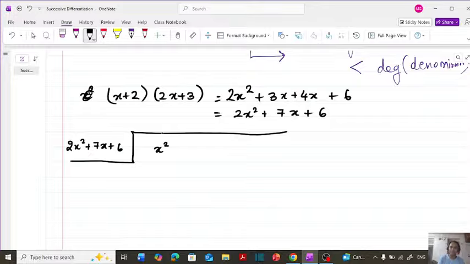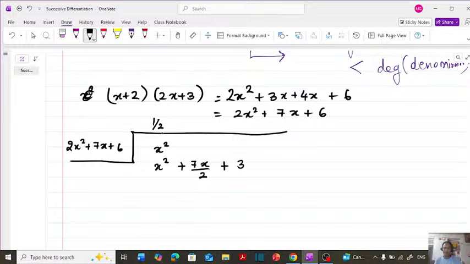In your quotient, when you do the division, x square over 2x square, it's half only you will be getting. When that gets multiplied here, it's going to be x square, and then there is plus 7x by 2 plus 3. Are you getting that?